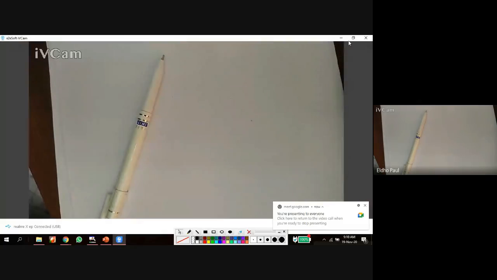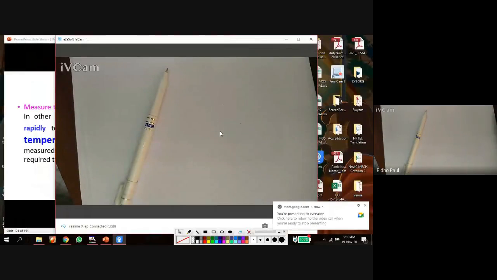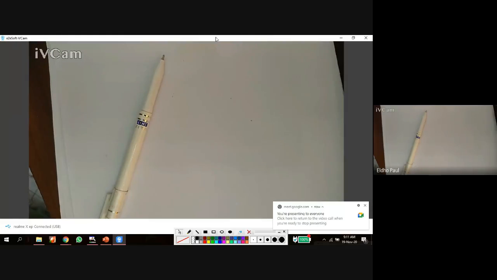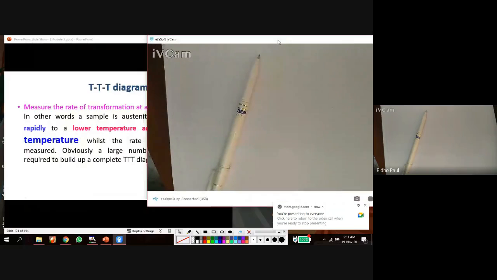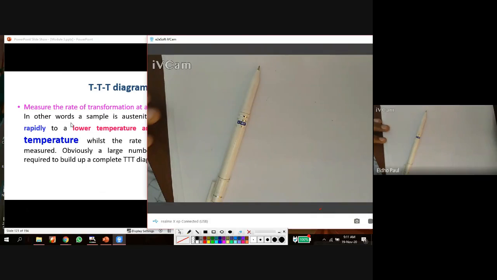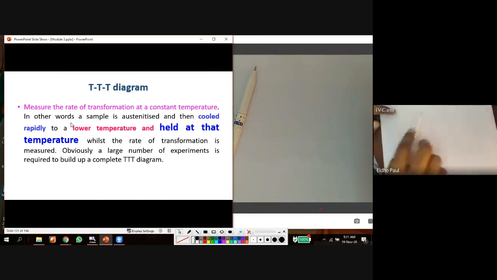For constructing the TTT diagram, time is an important factor. I am taking different specimens, and the rate of transformation at a constant temperature is measured.